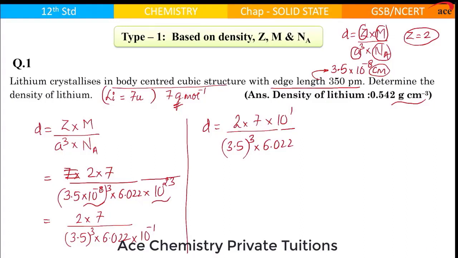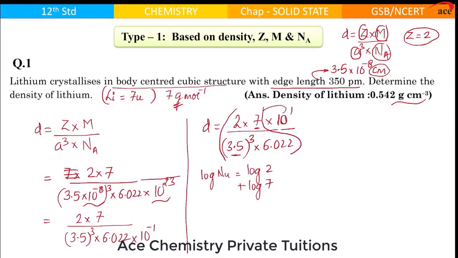How to do it? By log. Actually you can cancel the 3.5 and 7 factor, but let it remain anyway. Finally, we have to do log only. So, you will take the log of the numerator. Log of numerator will be log of 2 plus log of 7. We calculate everything else except the 10.